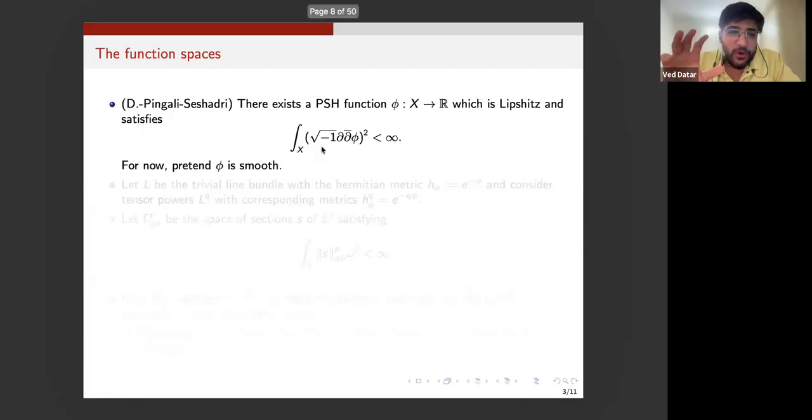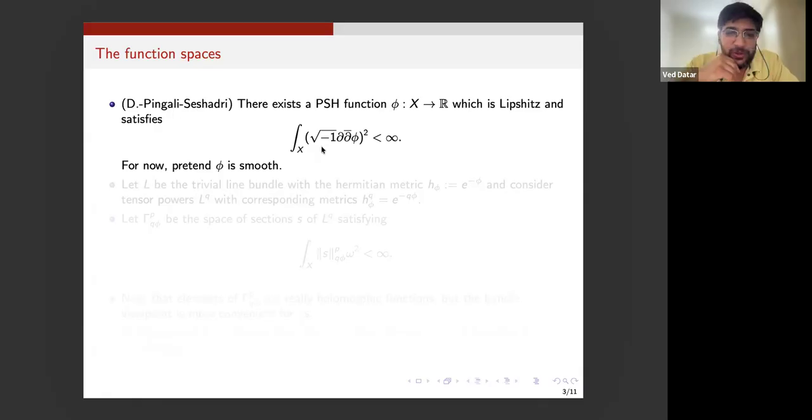Right. So for simplicity, just pretend that phi is smooth. In the actual proofs, I'll make a few remarks right at the end on what one needs to do extra, since we are just dealing with a Lipschitz function.